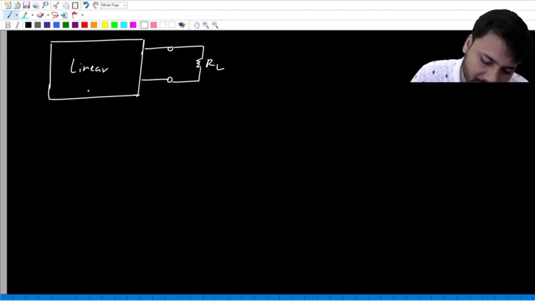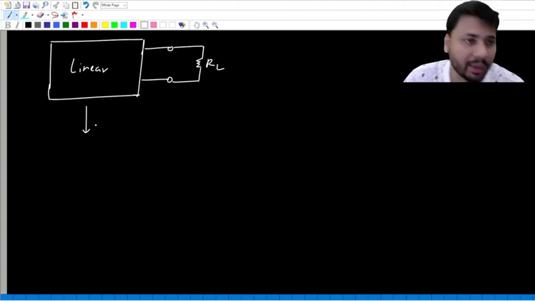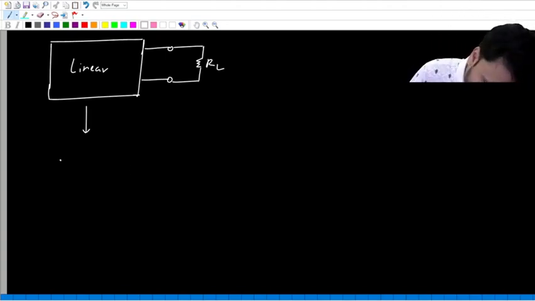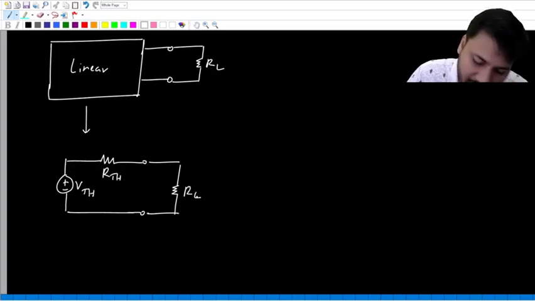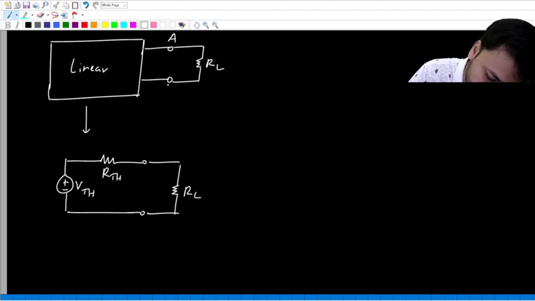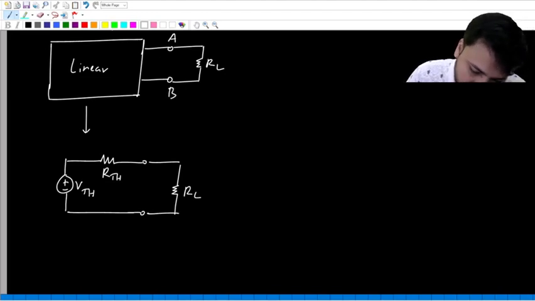In such a case, you can replace this box with its Thevenin equivalent, which contains a single voltage source VTH in series with a single resistance RTH. Across the Thevenin equivalent also we connect the same load. Let this be A, let this be B.